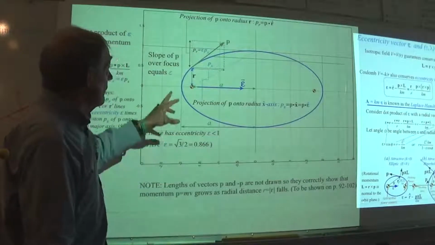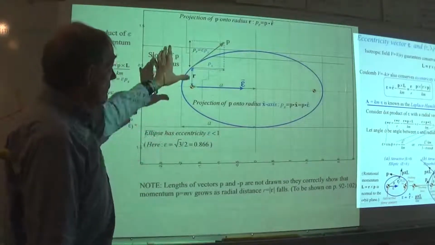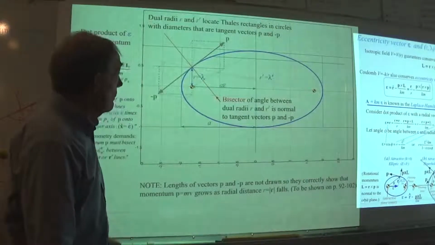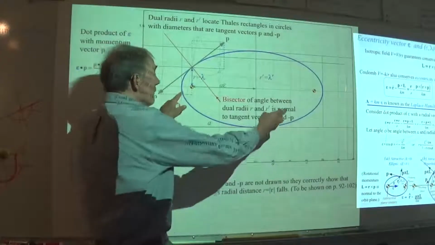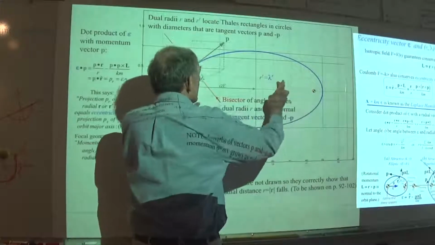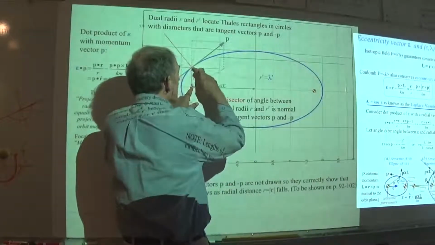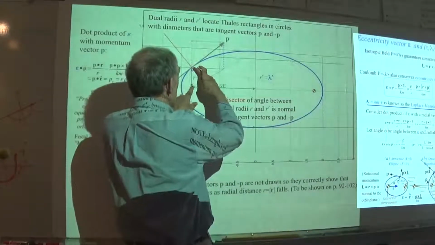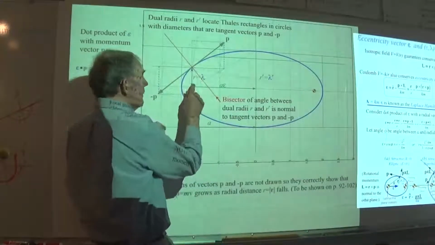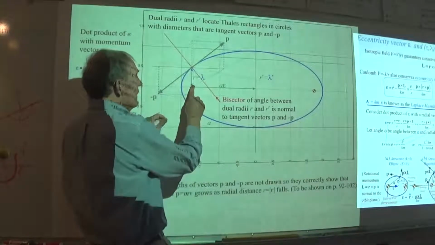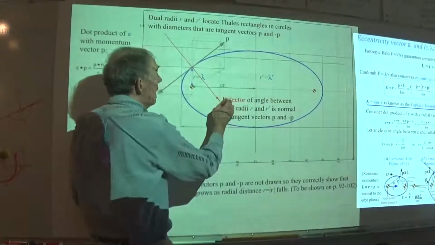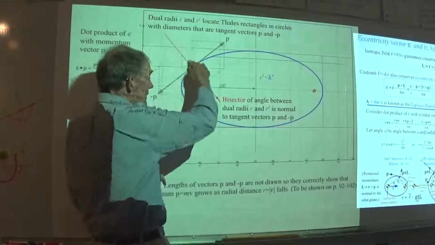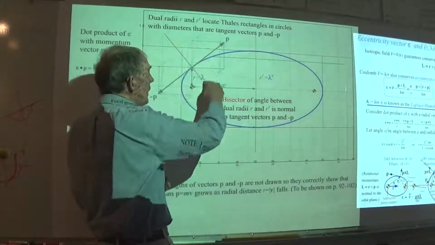At this point, that makes the most sense, but what we're really realizing here is that these two radii, this now big R prime radius and this radius line, these two are always, no matter where they are, bisected by a line.